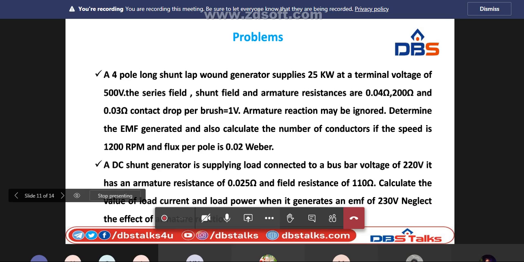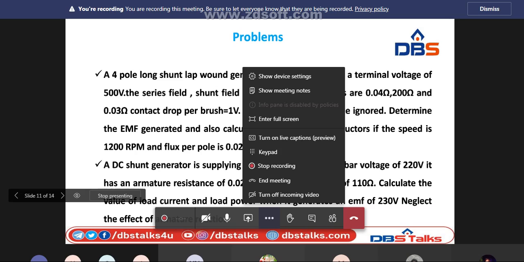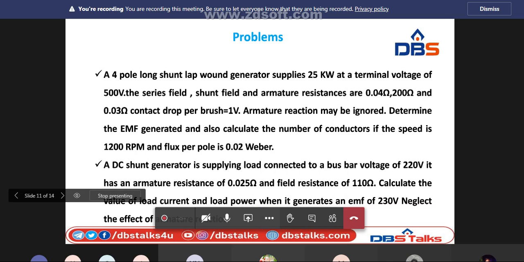First of all, you have to write down all the given data, and we know the formulas for the particular generator. To solve these problems, there is nothing but types of generators problems. A diagram is necessary. When you draw the diagram, you don't need to remember the equations. Don't memorize the equations by heart. Just from the diagram you can easily determine the formula also.